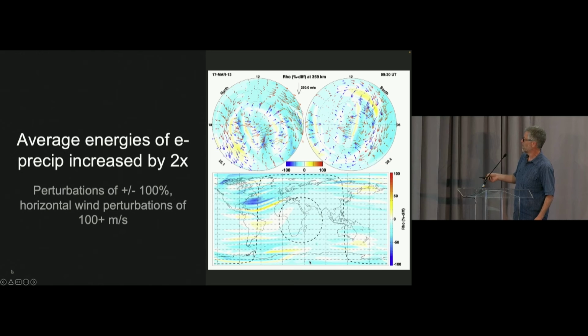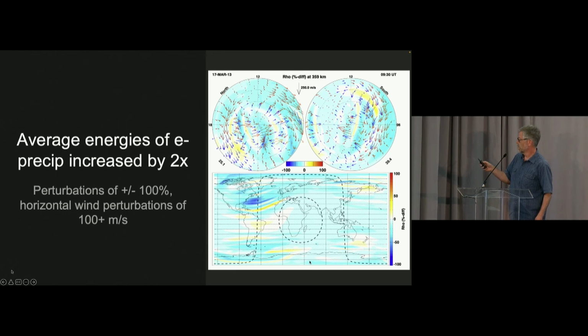This shows the percentage differences in the mass density, and you can see that they're not too different. There are some regions where there's a 100% change in the density and minus 100% change in the density. And the winds, you can see locally there are maybe 100 meters per second difference or so.